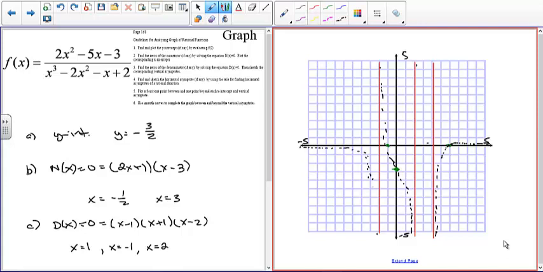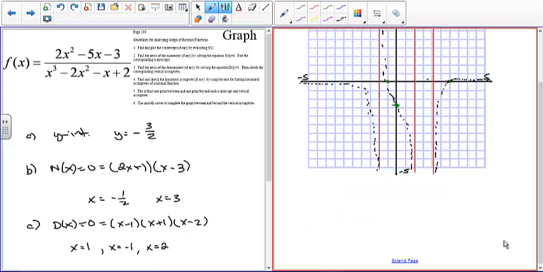So if we wanted to get a better idea, we might pick a point here, x equals this or x equals that. The only one I'm really going to do here, just to know how far this thing loops down, is evaluate the function at 1.5, which is right between these 2 vertical asymptotes.